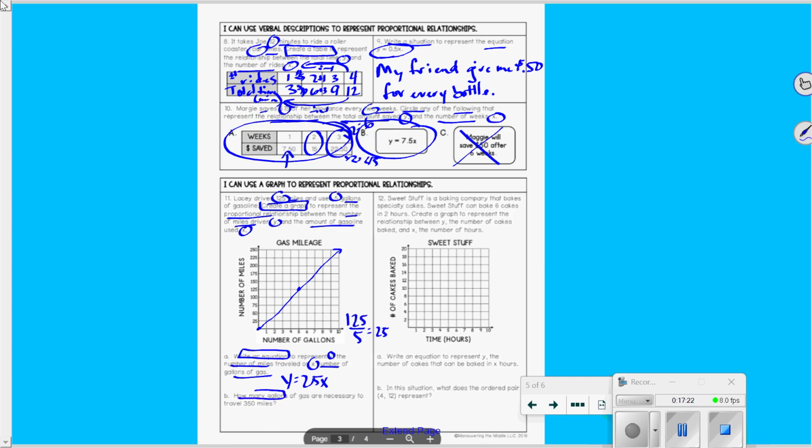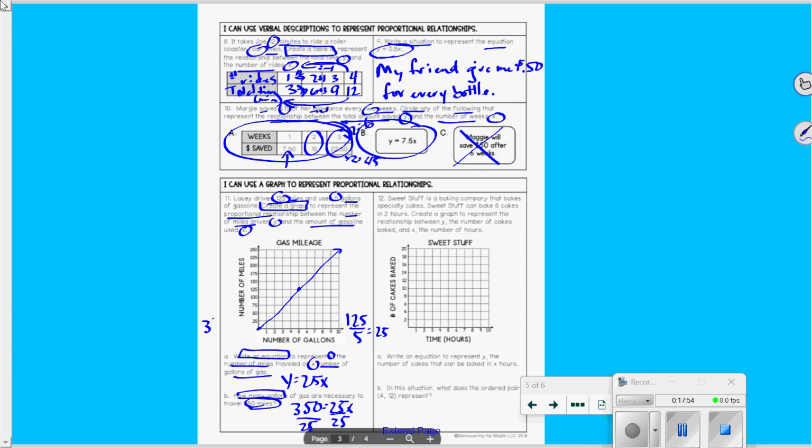How many gallons of gas are necessary to travel 350? Once I have my equation, that makes it even easier, because now you can put the 350 in. So if it's 350 for the number of miles, you do have to realize where it is. Y is my number of miles driven, right? So it's going to be 350 equals 25x, meaning I'm going to need to divide them both by 25 in order to find my x.